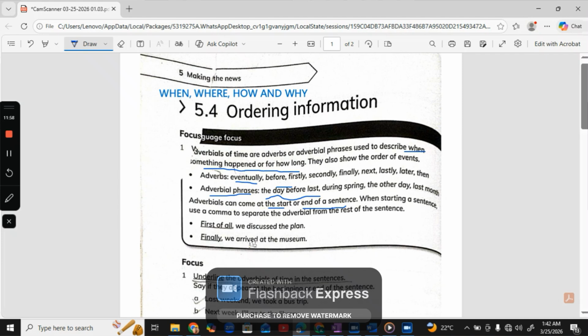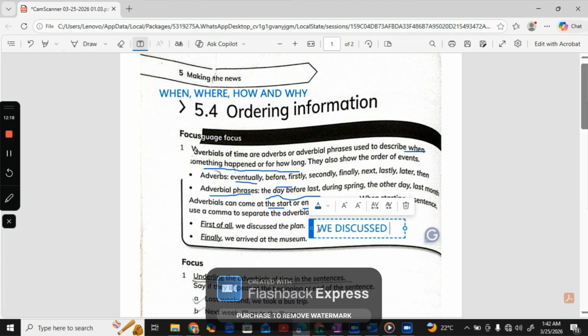All right. So for example, we discuss the plan. First of all, comma, we discuss the plan. Or you can also say we discuss the plan at first. At the end, when it is written like this, we discuss the plan at first, there won't be any comma. We discussed the plan at first.